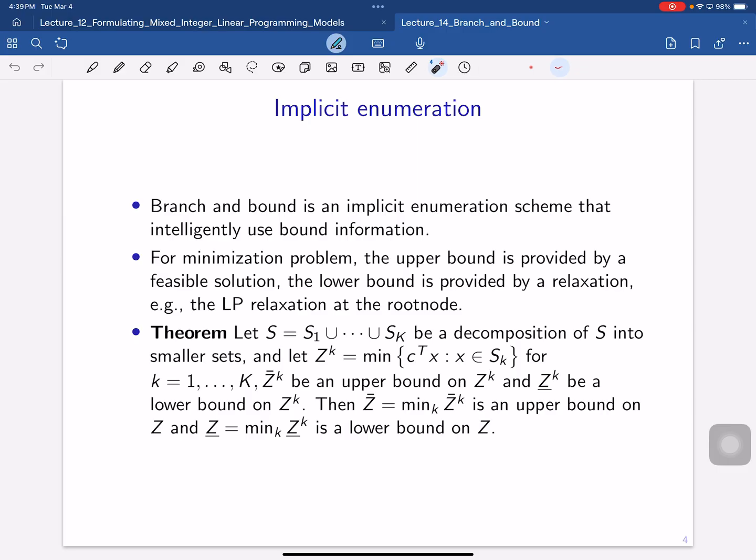Okay. And then if you look at the lower bound, again, the lower bound is like a relaxation. Why is the lower bound of the original problem also the minimization over all the lower bounds you obtained from all the subsets 1 to k?